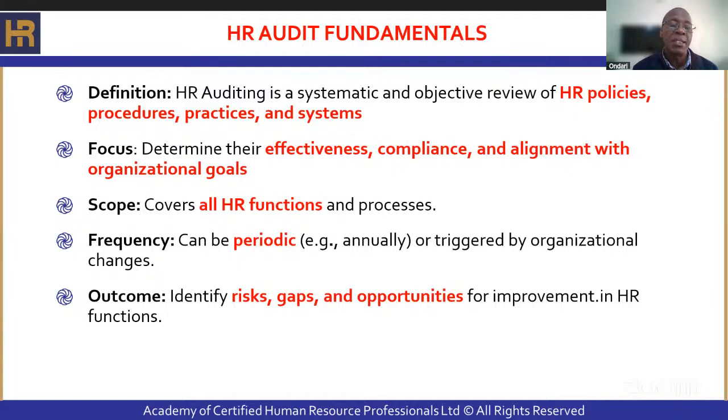And lastly, health and safety. These are the functions that should be covered when you are talking about functional audit. And shortly, we are going to look at this so that we can see how we can conduct a functional audit.